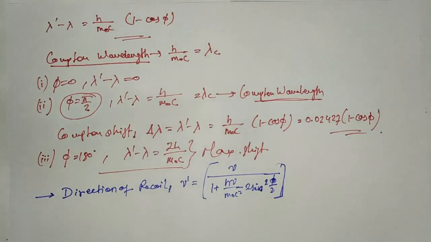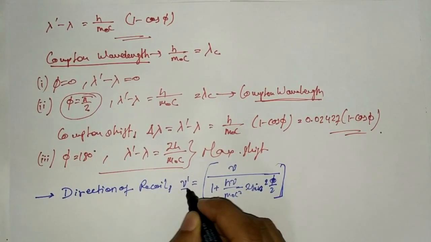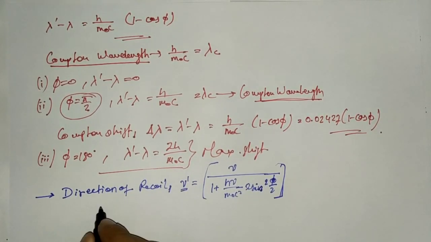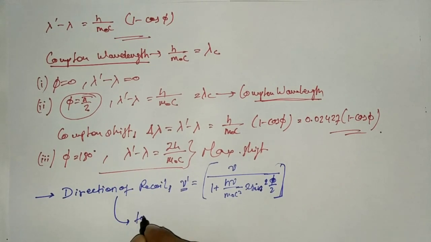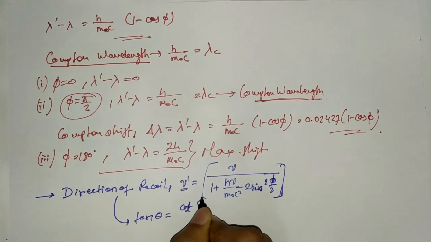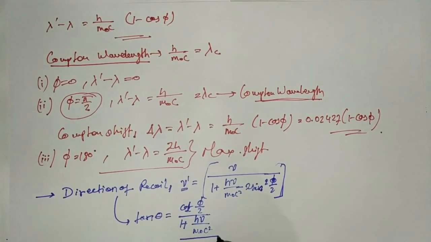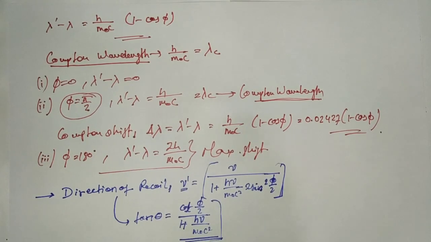Under the topic direction of recoil, this is the formula for the frequency of scattered photon, and the direction also includes tan of theta, by which we can find the direction. The tan of theta must be equal to cot of phi by 2 by 1 plus h nu by m naught c square. So this is the direction of recoil.